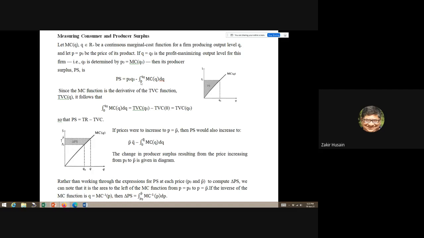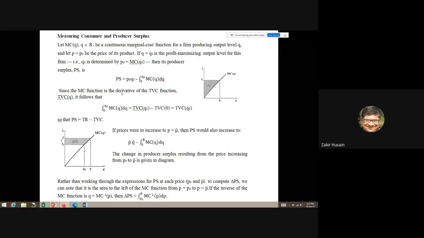So this shaded area can be found as the total revenue, which is given by P0 into Q0, this rectangle, and we can subtract the integral of marginal cost from 0 to Q0. So we will get this area.